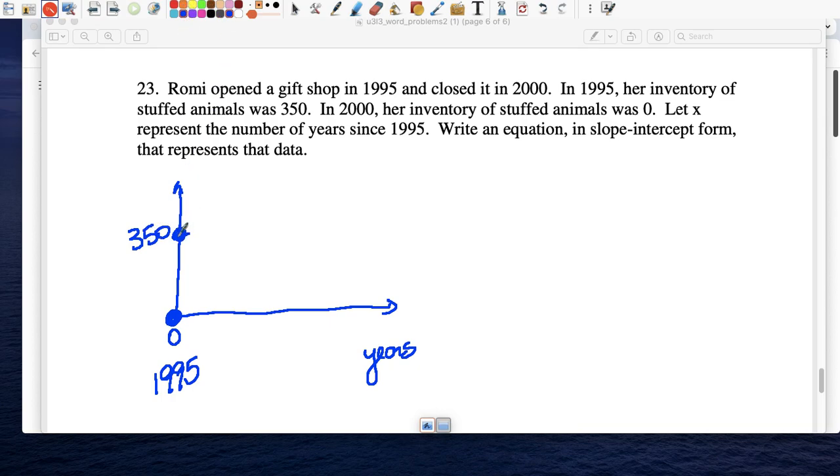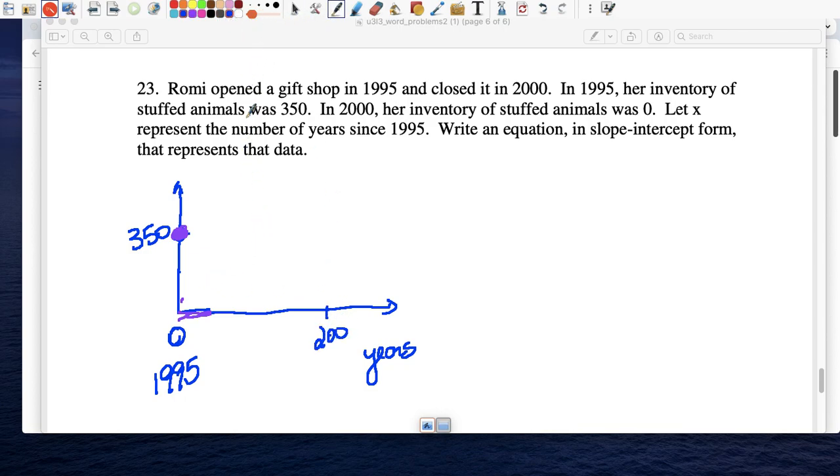So that's the first point. That says that when the store opened in 1995, in year 0, she had 350. And in the year 2000, her inventory was 0.